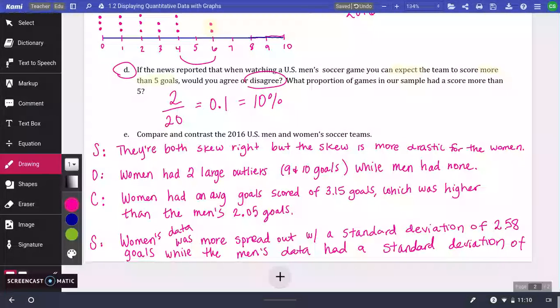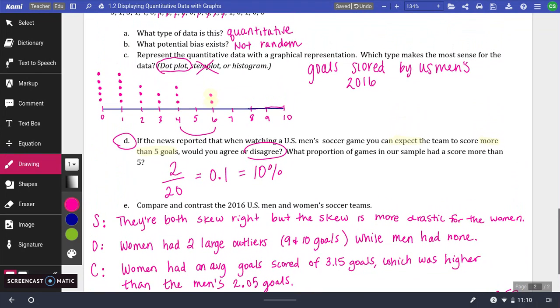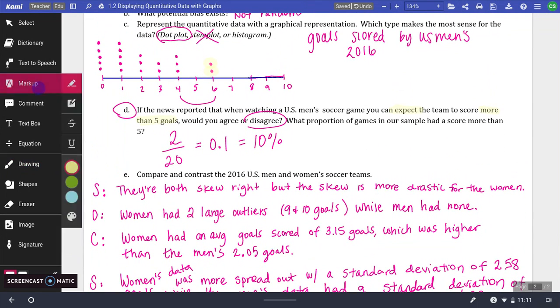So the men's data is less spread out, and we can see that just by looking at it, right? The men's average was 2.05 goals, so that would be just right around here. And we can see the data is much closer to that mean than the women's data, right? There's no outliers hanging out there.